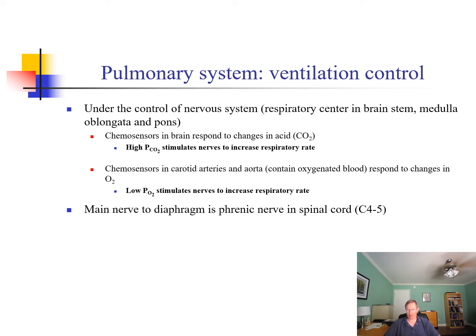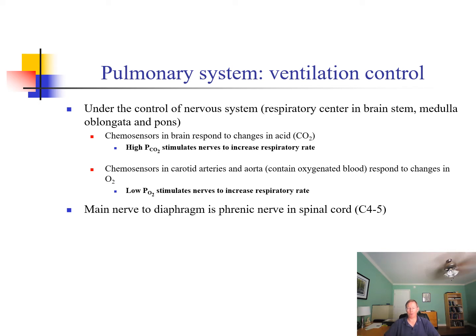Similarly, I have oxygen sensors. In this case, they're in blood vessels like the carotid arteries going up my neck and my aorta coming out of my heart. And they are actually responding to changes in oxygen. Low oxygen level stimulates an increase in respiratory rate.